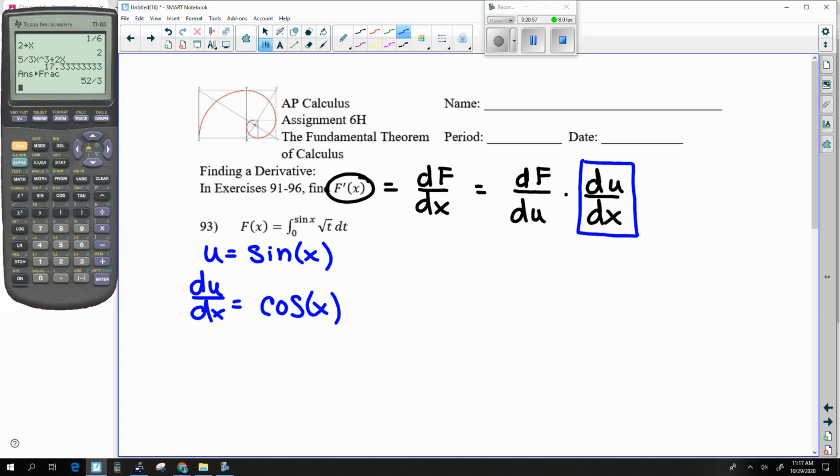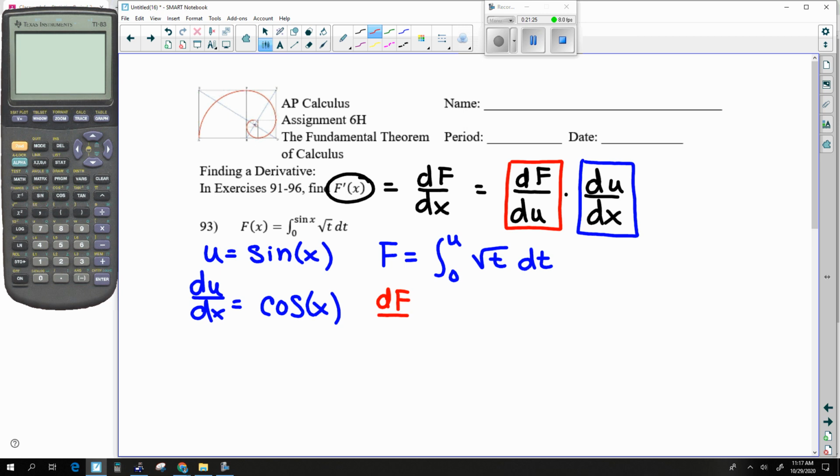Okay, so f is now the integral from 0 to u of square root t dt. That's what f is. All right, so back to this, what would be df du? Well, that would be the derivative of f with respect to u.